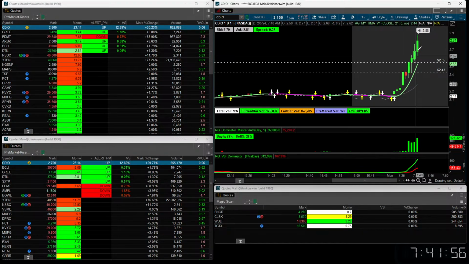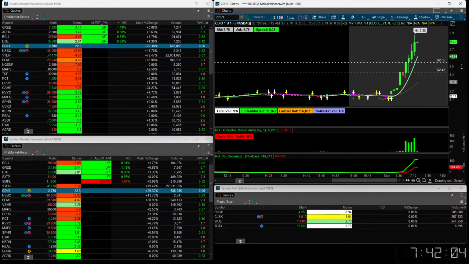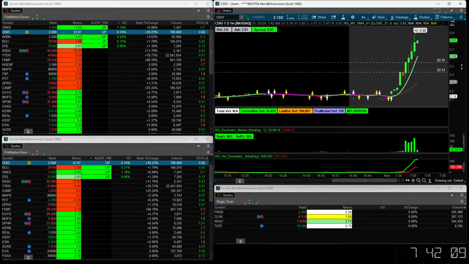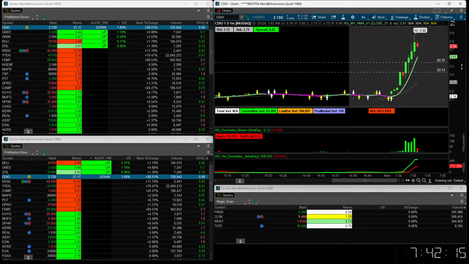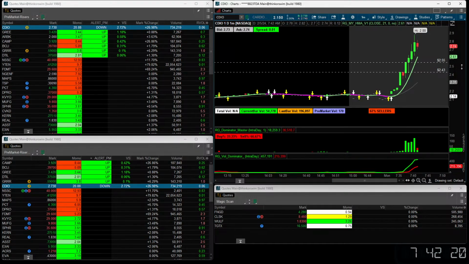So if you remember, this was a red candle right here, and the buyer stepped in and bought it up and drove it up even higher. I'm using buy the ask and sell the bid.